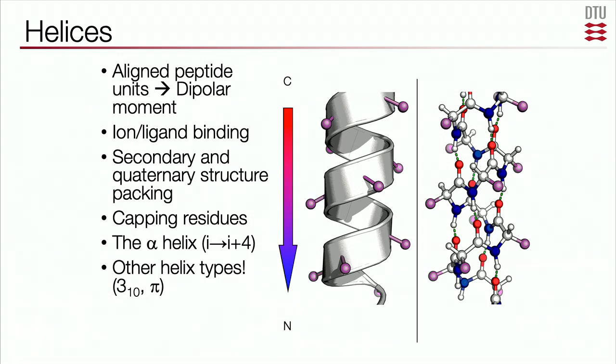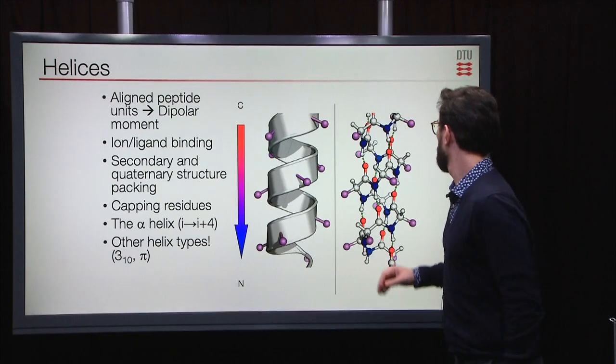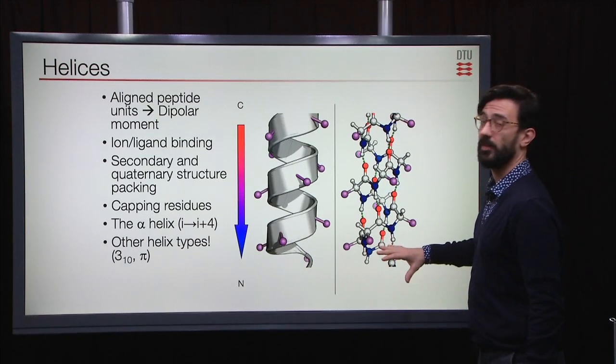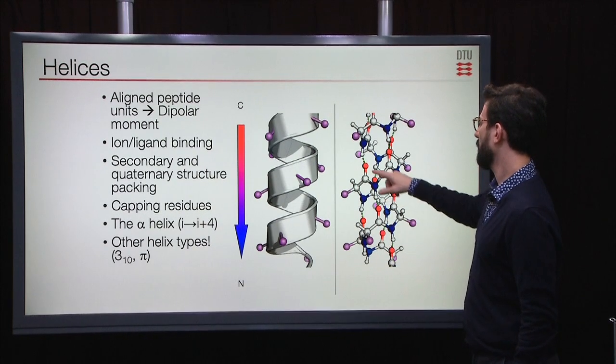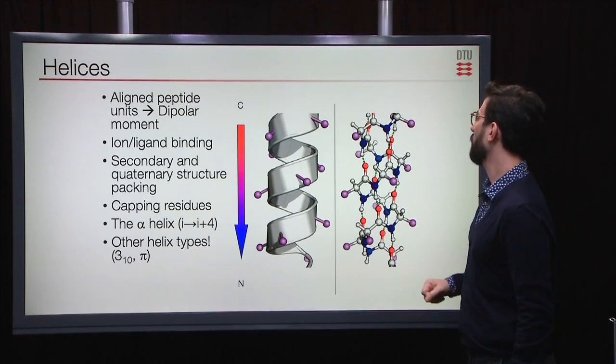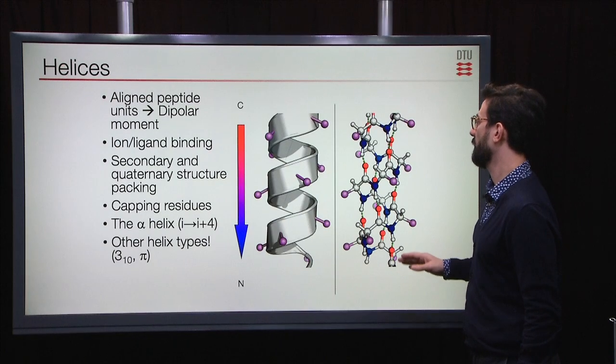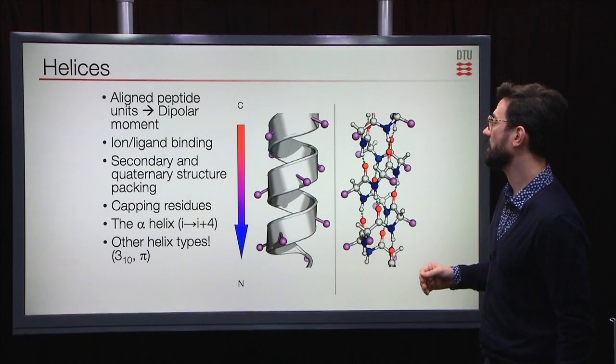Now, the structure of a helix looks like this. It's, as the name suggests, a helical structure, as you can see here on the right side, that is held together by hydrogen bonds between oxygen and nitrogen of amino acids at a short distance in the sequence.